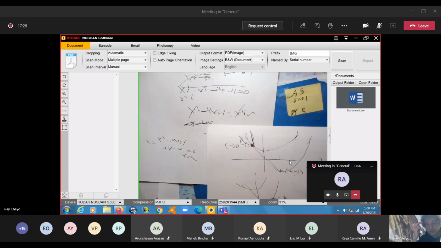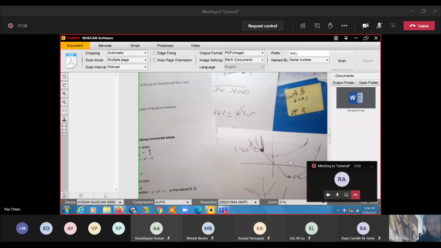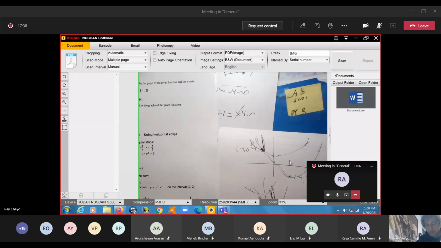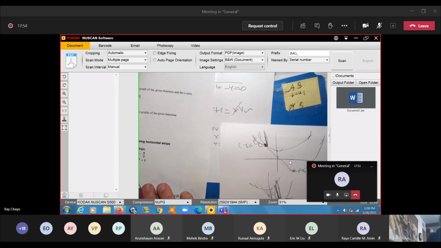They have to meet twice to have a region. So when I did it in class, I probably said x equals 1 or whatever, so you drew a line and did this region. But you can't find an area between two graphs if it's not a closed region. So that's no good.